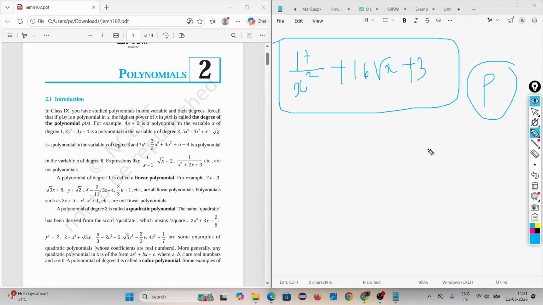Look, first thing, check the variable. Remember one thing, in an algebraic expression, the variable should not be placed in the denominator. Okay, just wait 5 minutes, I am coming.